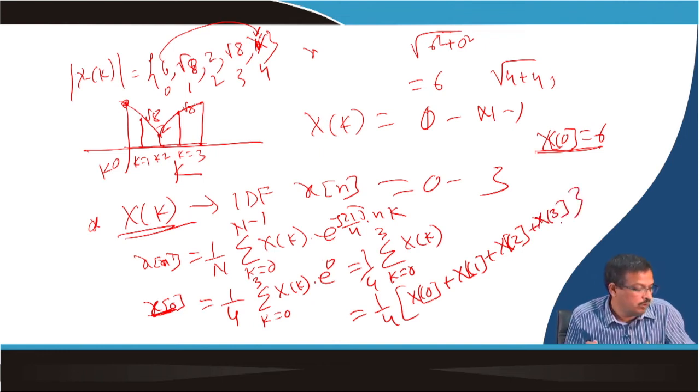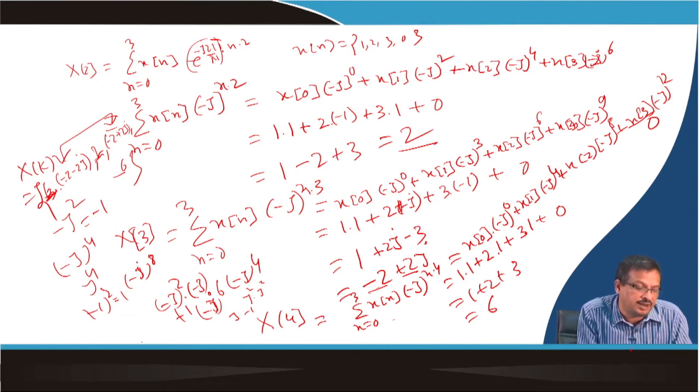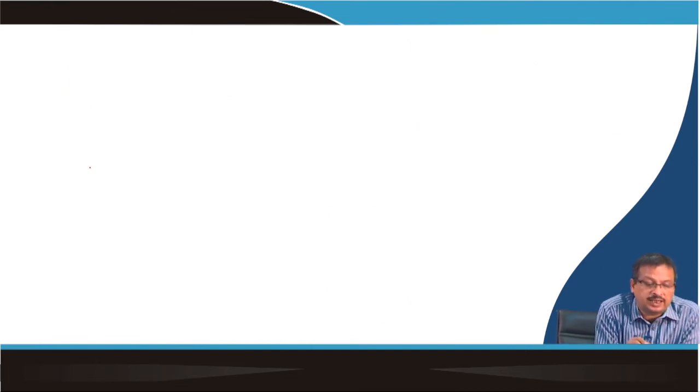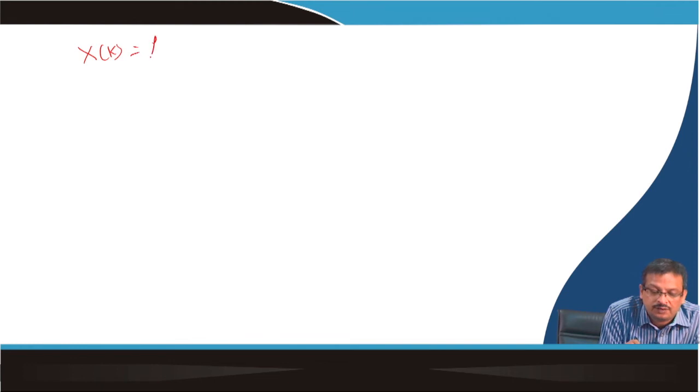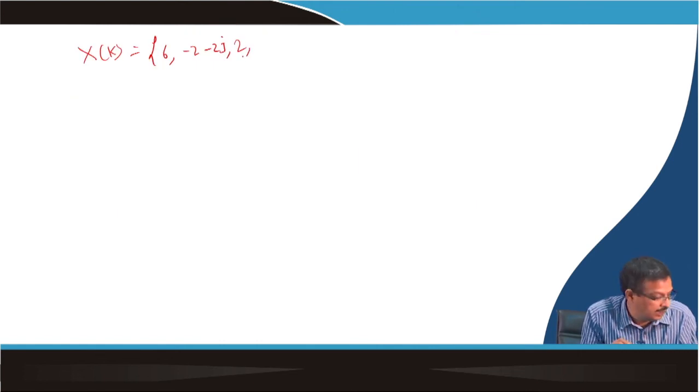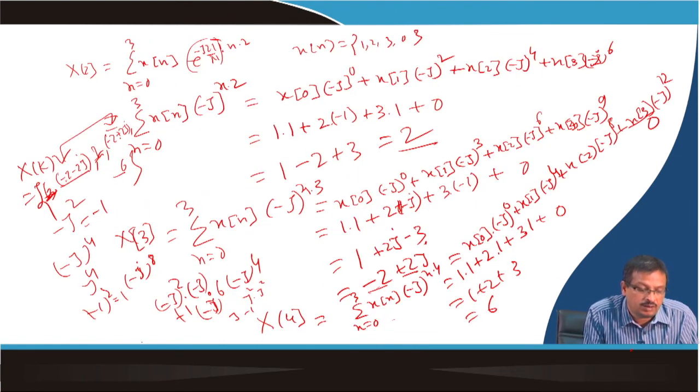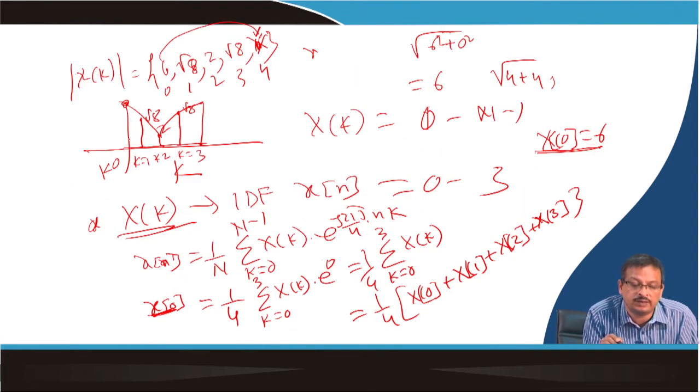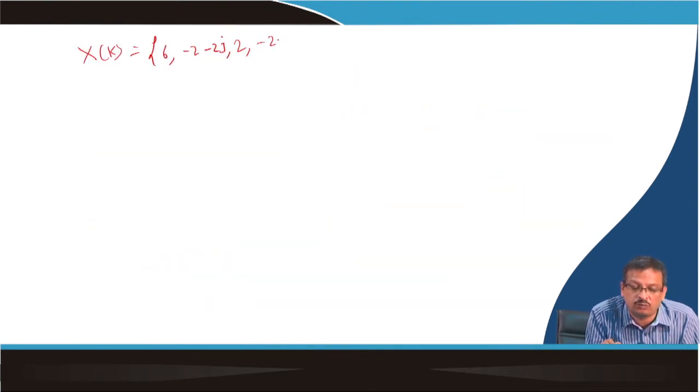Now my X of k is 6, minus 2 minus 2j, then again 2, then minus 2 plus 2j. That is my X of k.